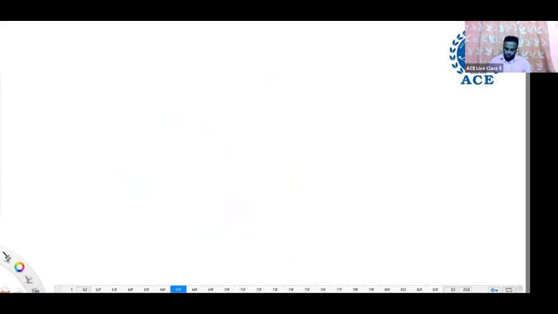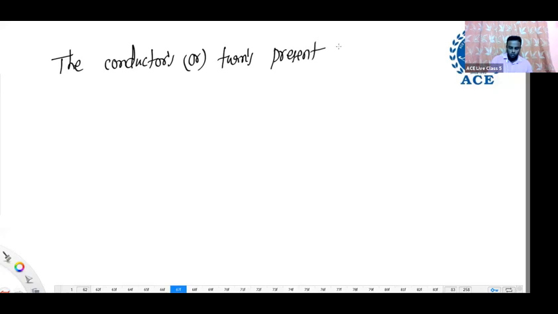Right here, write one statement. The conductors are turns present in the angle 4 theta. Why 4 theta? 2 theta at the top and 2 theta at the bottom, 2 theta plus 2 theta.